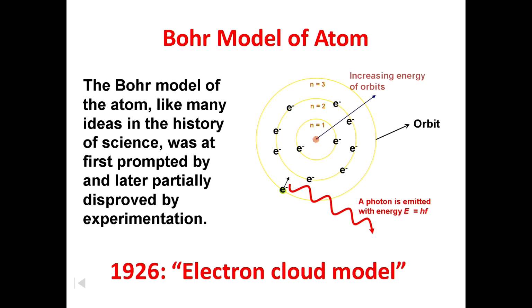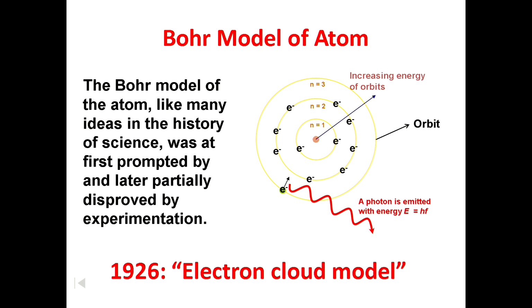For example, some electrons move in this orbital, some in this, some in this. And in one orbital, the electrons have the same energy level.